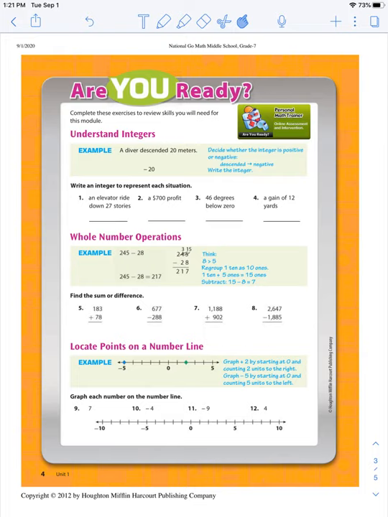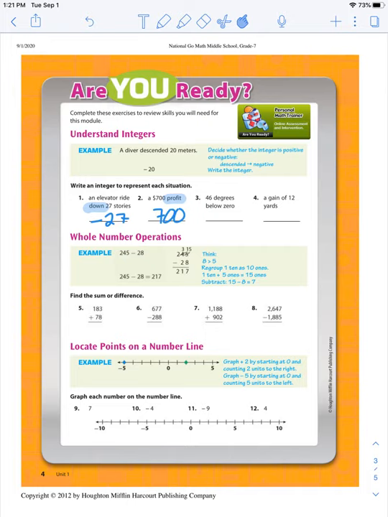All right, so under that it says write an integer to represent each situation. An elevator ride down 27 stories. The key word here is down, so we're going to write -27. All right, the second one, a $700 profit. Keyword here is profit. That means you make money, that means it's positive. So we're just going to write 700.